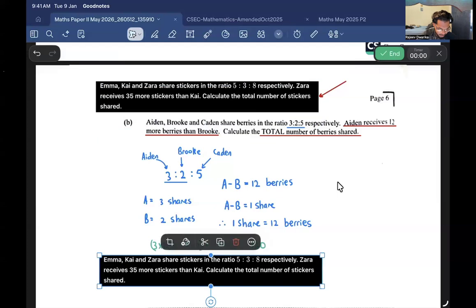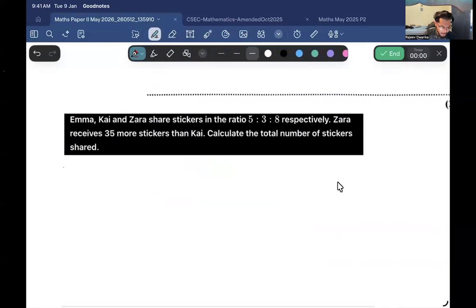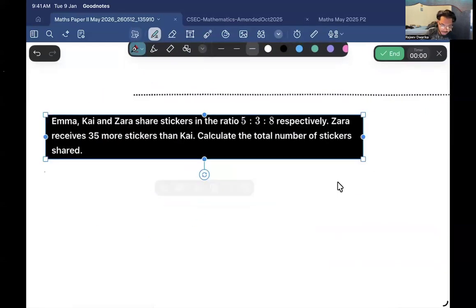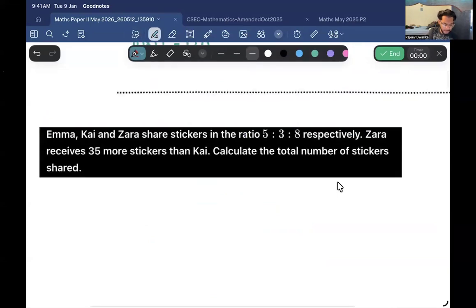Fun stuff. So they're saying Emma, Kai, and Zara share stickers in the ratio 5 to 3 to 8 respectively. Before I even do anything, I can put down 5, 3, 8, right?